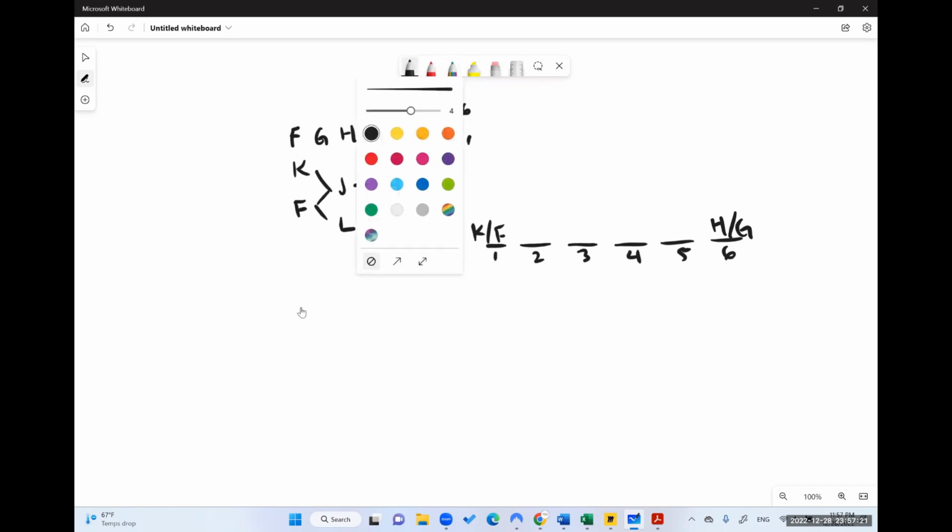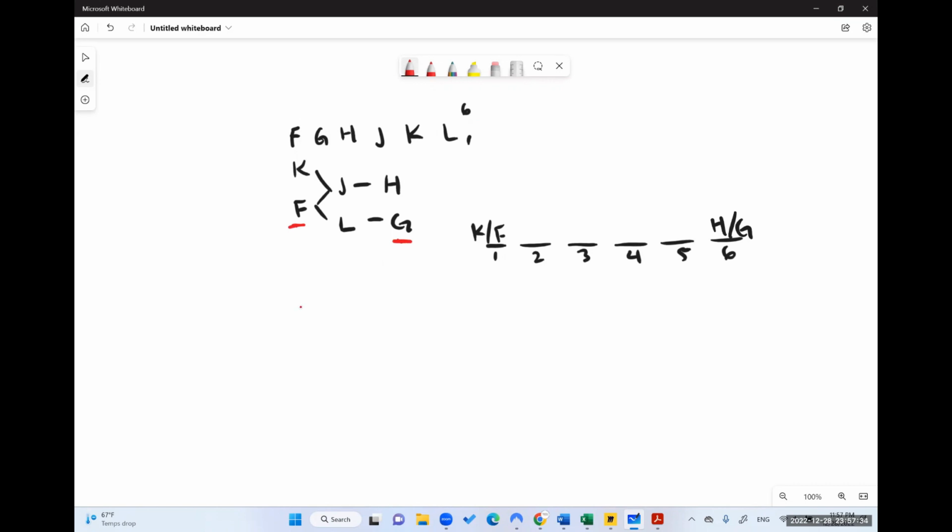I'm going to use a different color here. Now, let's say I'm trying to determine if I know the relationship between F and G. Then that means I need to start from F and go to G, or I could go the other way around. It doesn't really matter. I'm going to imagine that these lines are train tracks, and I can't just jump from one entity to another.